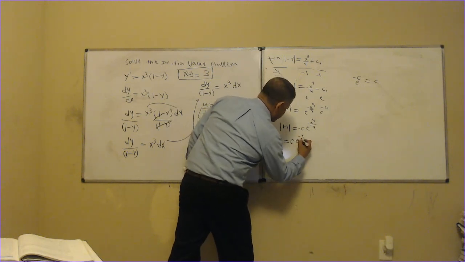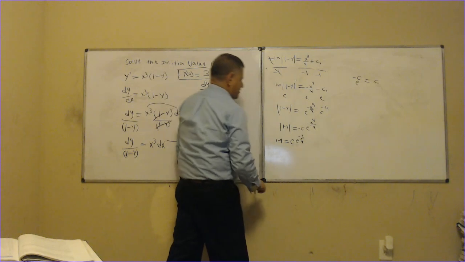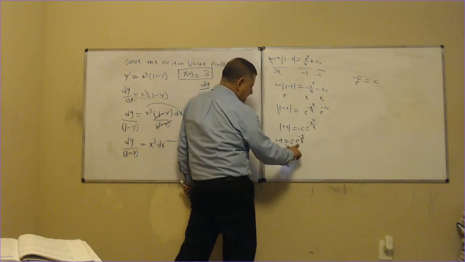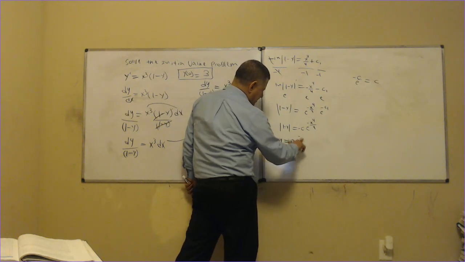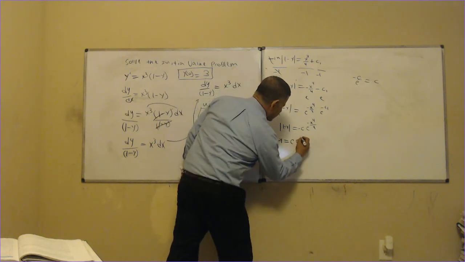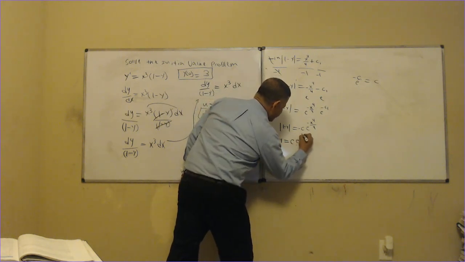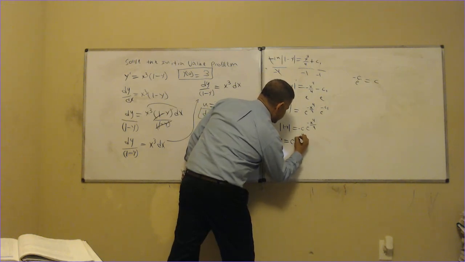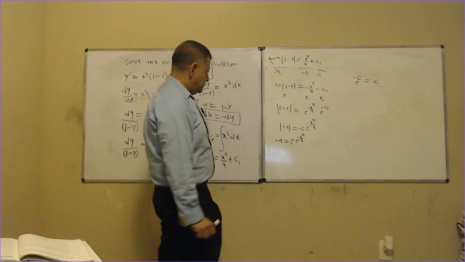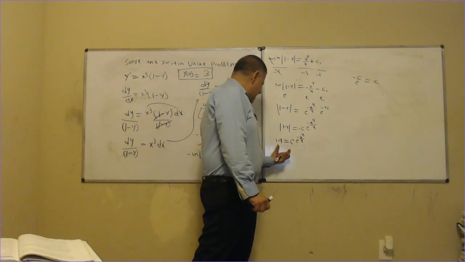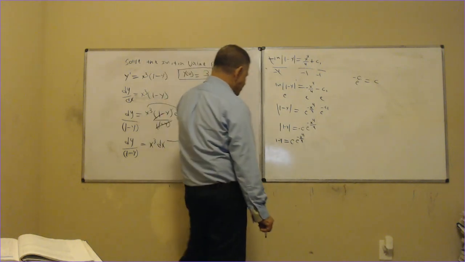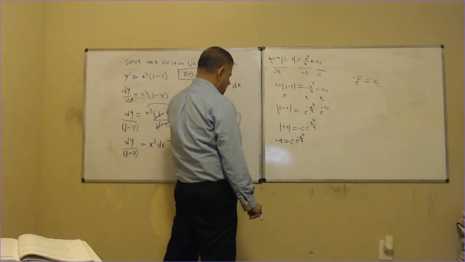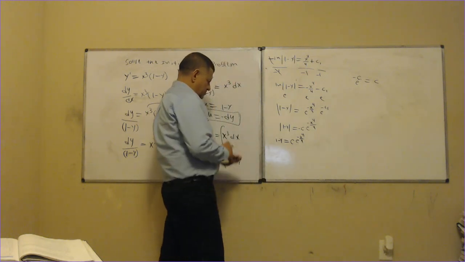And this is e to the fourth. This is e to the x to the fourth over 4, right? Is negative. Okay, now what do you do with this?